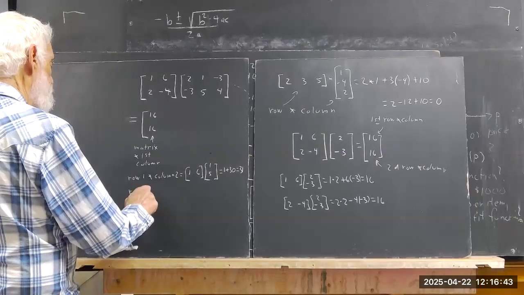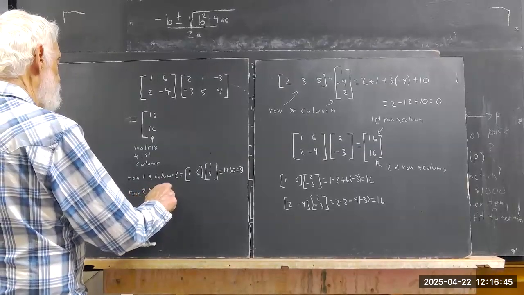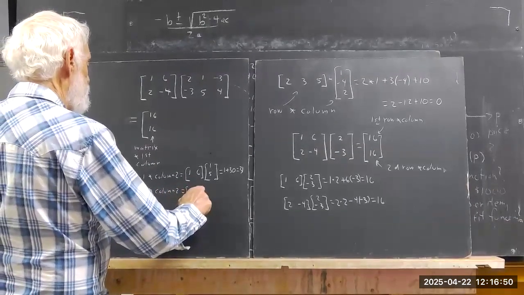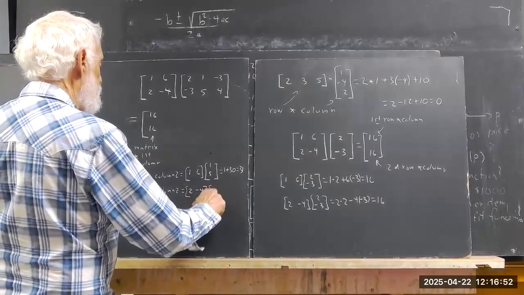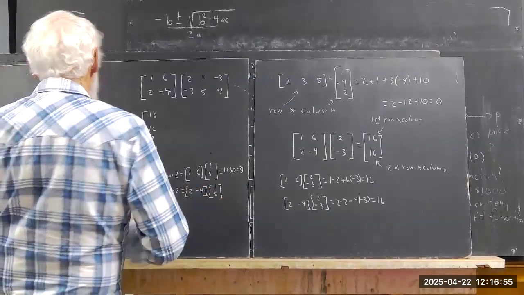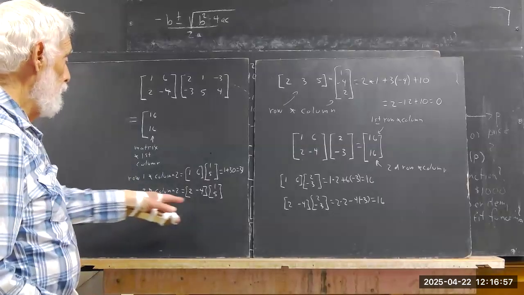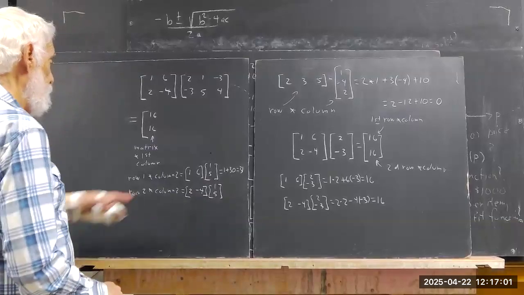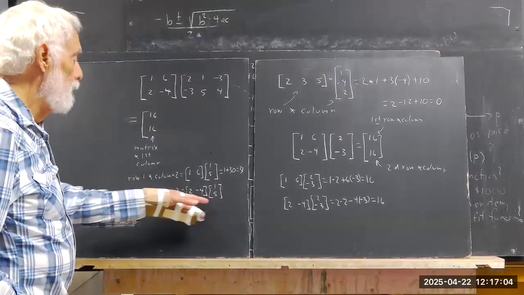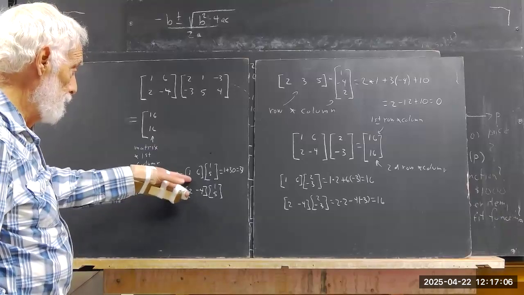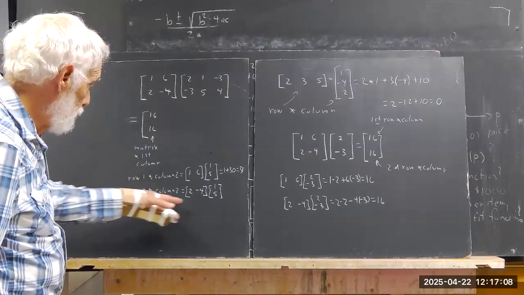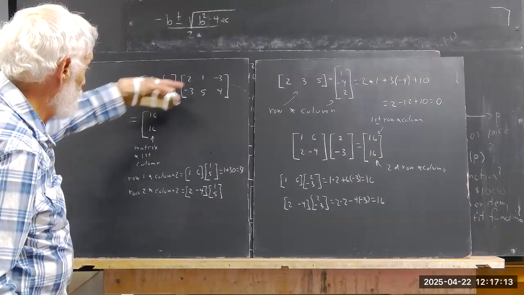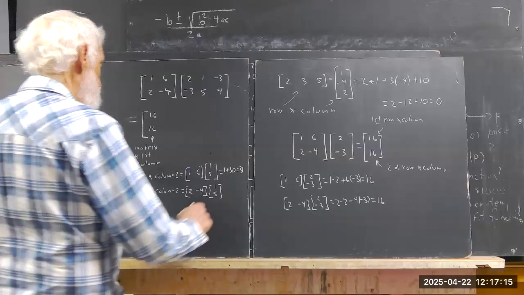Then I multiply row 1 times column 2. I did row 1 times column 2. Now row 2 times column 2. Okay, so I do this row by this column, and then this row by the same column.